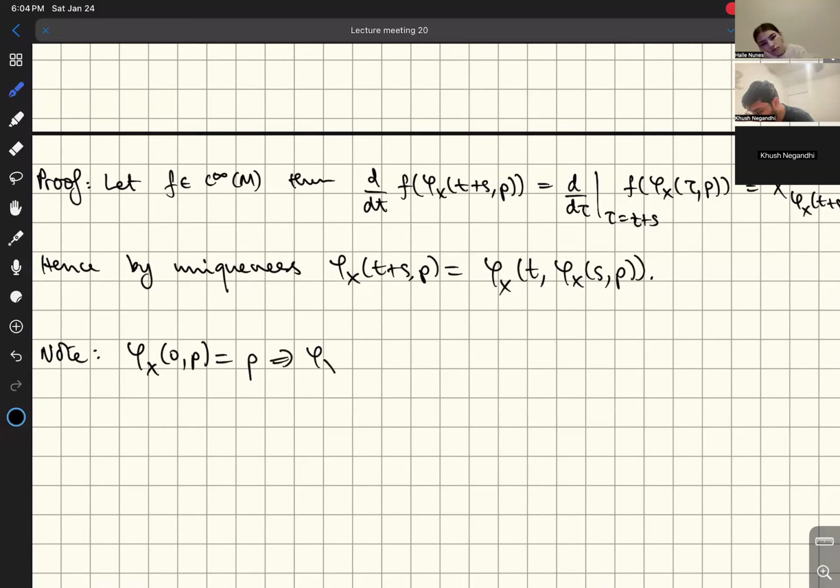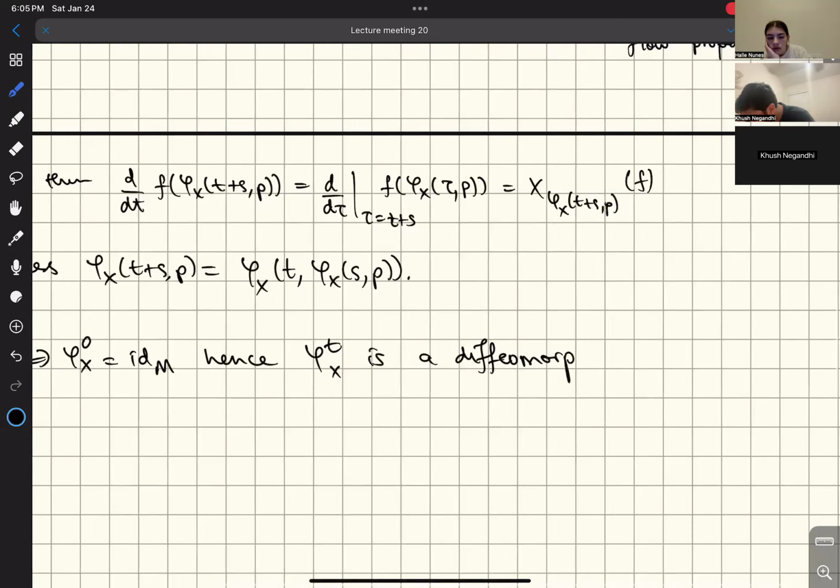This implies that phi x at 0 is the identity function on M. Hence phi of t x is a diffeomorphism of its domain.